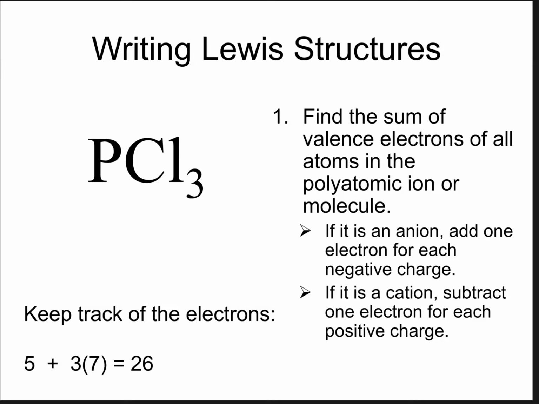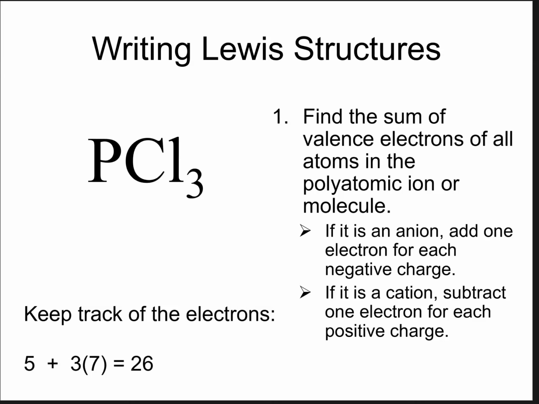Likewise, we have 3 chlorine atoms, and chlorine being the 7th element moving from left to right, we have 7 valence electrons. So in PCl3, we've got 26 electrons to find a combination in which all atoms think that they have 8 electrons around them. That is, each atom wants to become like a noble gas, surrounded by 8 electrons in one way, shape, or form.